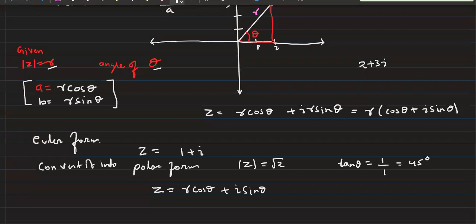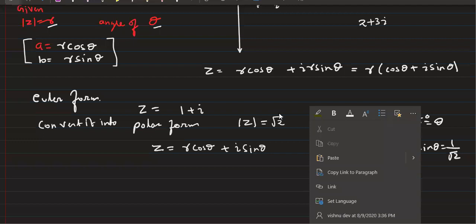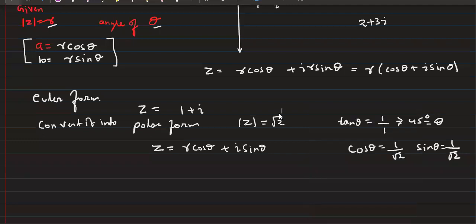Okay. So if tan theta is 1, theta is equal to 45 degree. So cos theta will be 1 by root 2, and in the same way, sin theta will be 1 by root 2. So you can write it like this: z is equal to root 2.